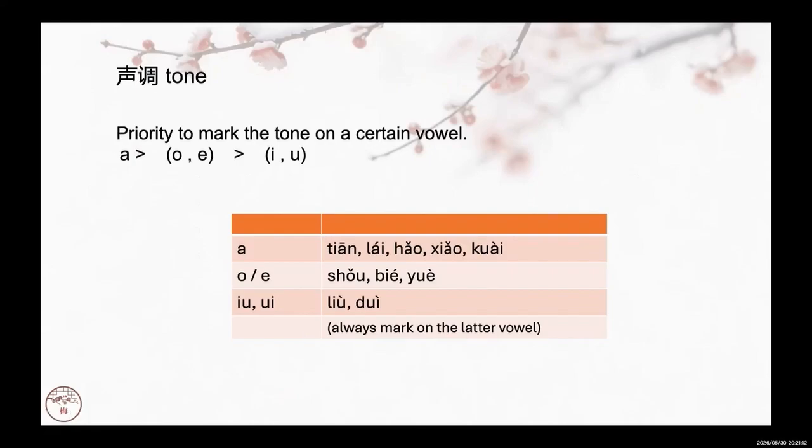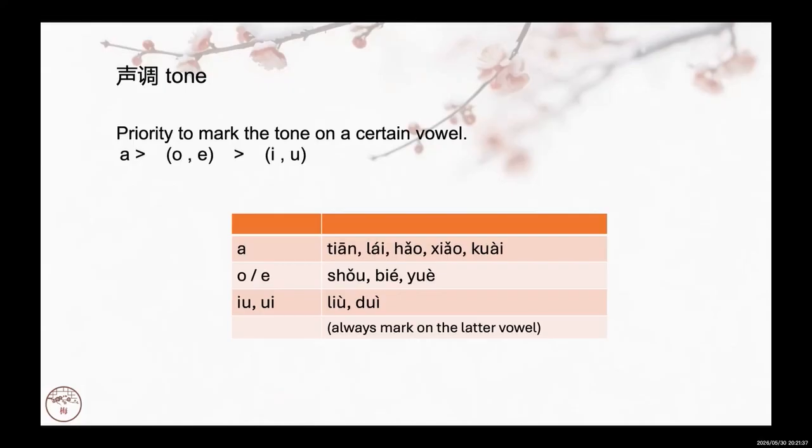Okay. Since we have so many phonemes, consonants and vowels, in the syllable, where should we mark the tone? Why is the tone marked on this phoneme or on that phoneme? What is the rule here?